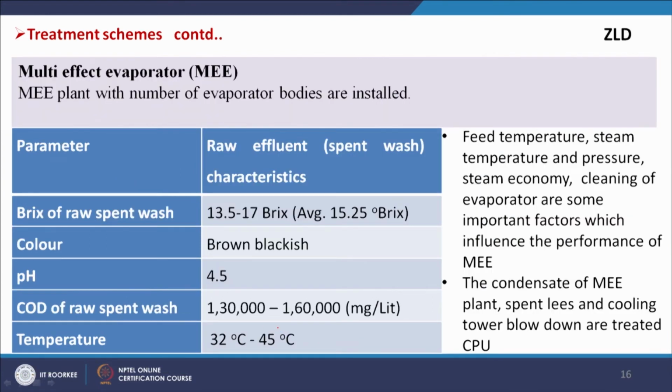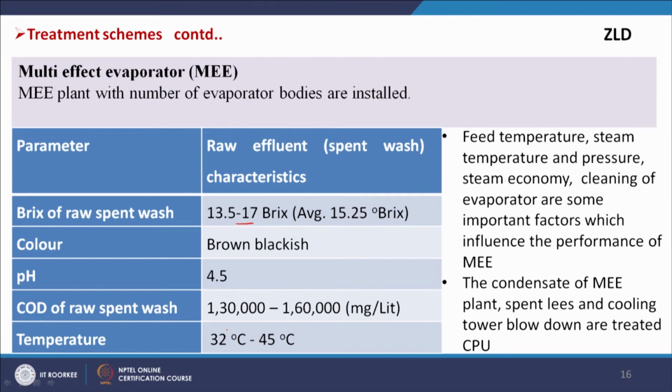ZLD, that is zero liquid discharge, is compulsory for distillery units in India, and in this case the use of MEE, the multi effect evaporator, is a must. In the case of multi effect evaporators, as we have discussed, the 13.5 to 17 brix, somewhere 12 to 13 brix, is converted to 58 to 60 degree brix.